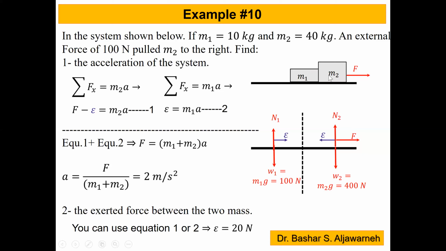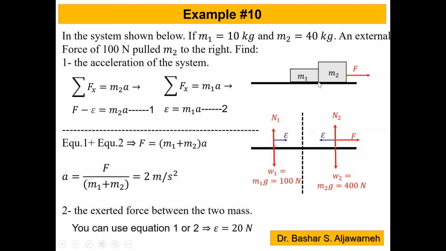So we have E12 from the first mass to the second mass, and E21. But those two exerted forces are equal in magnitude and opposite in direction. That's why I call them E, because they have the same magnitude. You can call them E12 or E21, but by the end they have the same magnitude because the net force here equals 0.